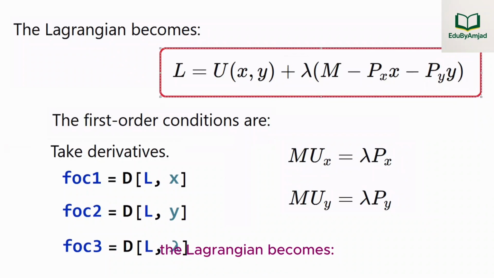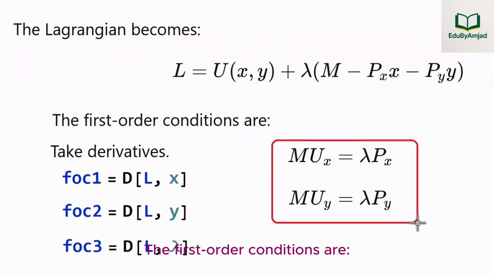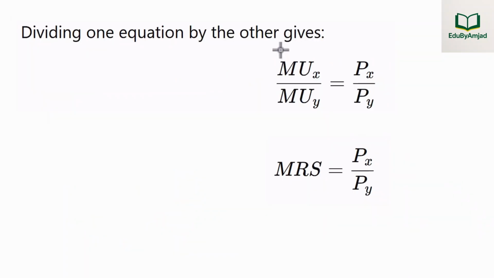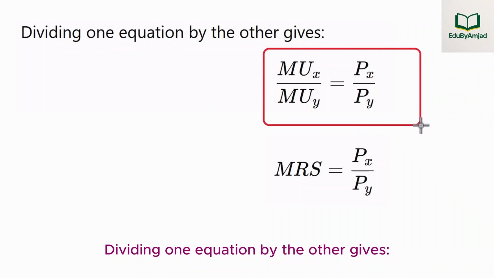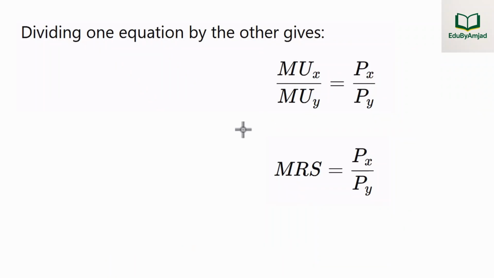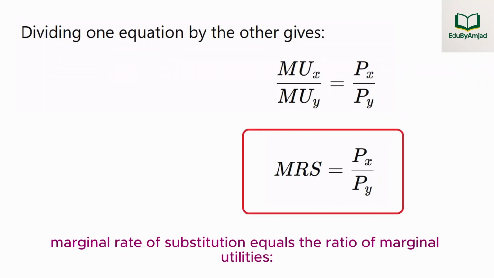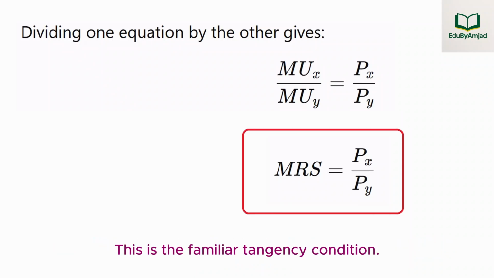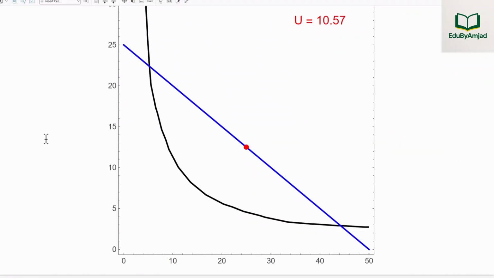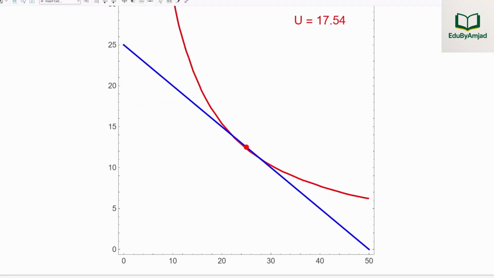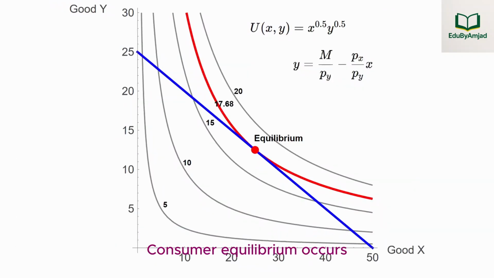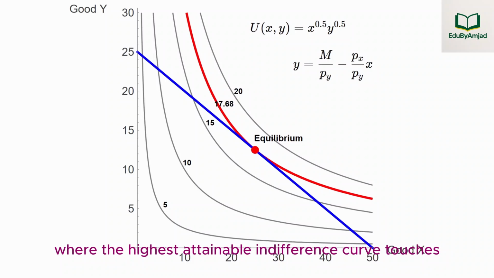The Lagrangian becomes: the first order conditions are: dividing one equation by the other gives: Since marginal rate of substitution equals the ratio of marginal utilities, this is the familiar tangency condition. Consumer equilibrium occurs where the highest attainable indifference curve touches the budget line.